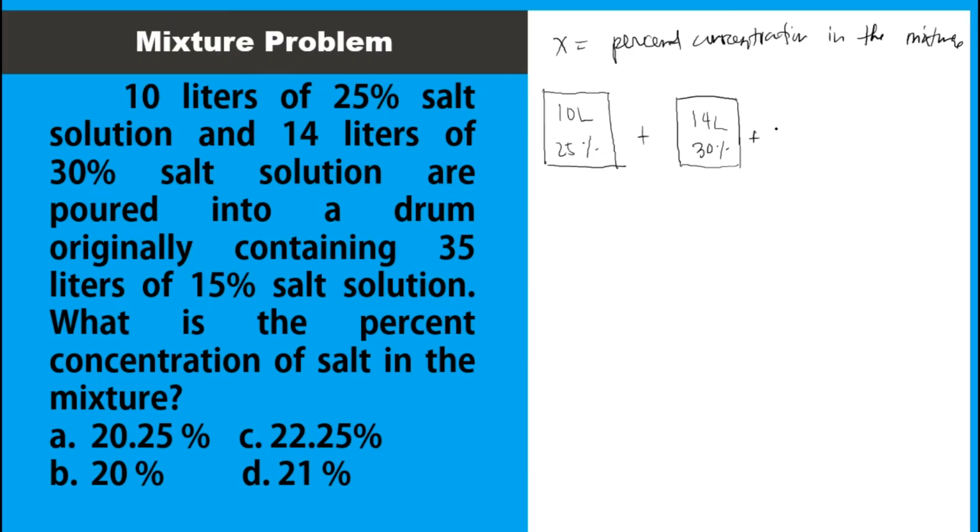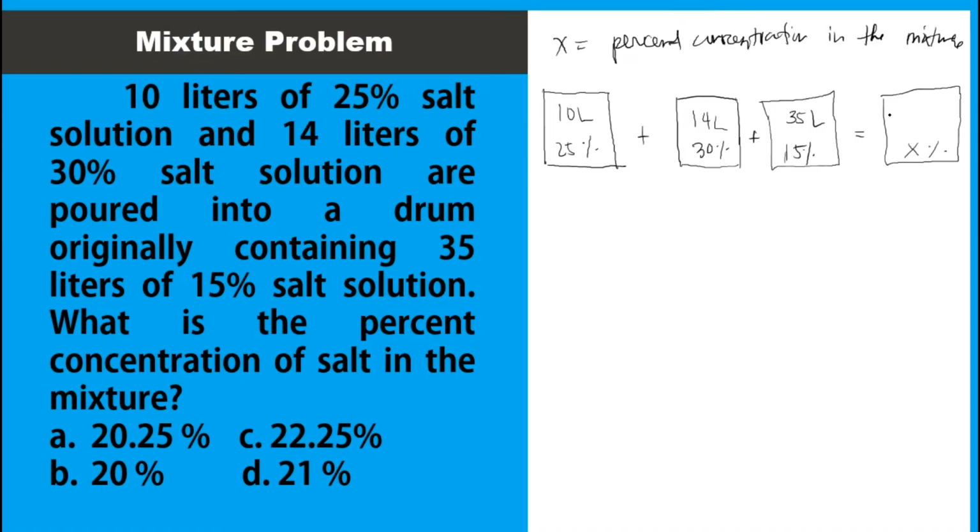So plus 35 liters with 15% salt solution. The resulting concentration we do not know, that is X percent, but the total volume is, of course, 10 liters plus 14 liters plus 35 liters.